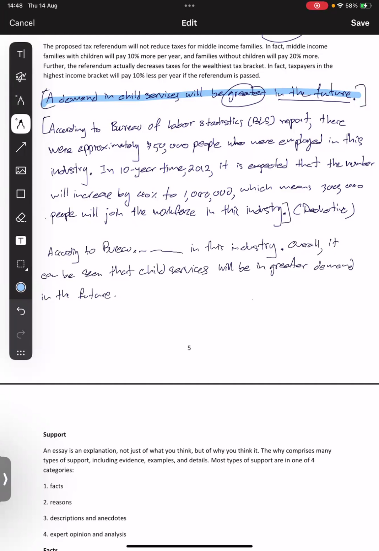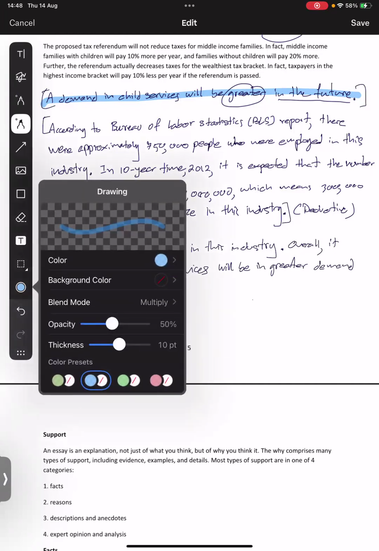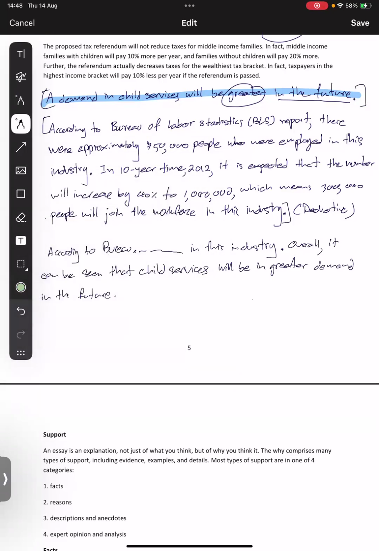However, if I use inductive style, I will sort of need this transitional word before I can put my topic sentence or my main claim.